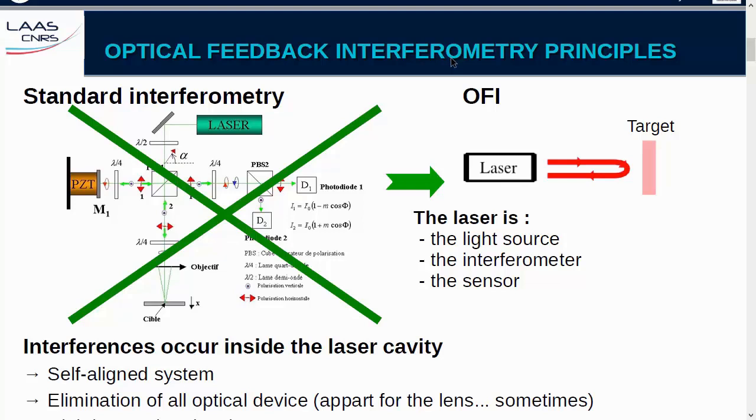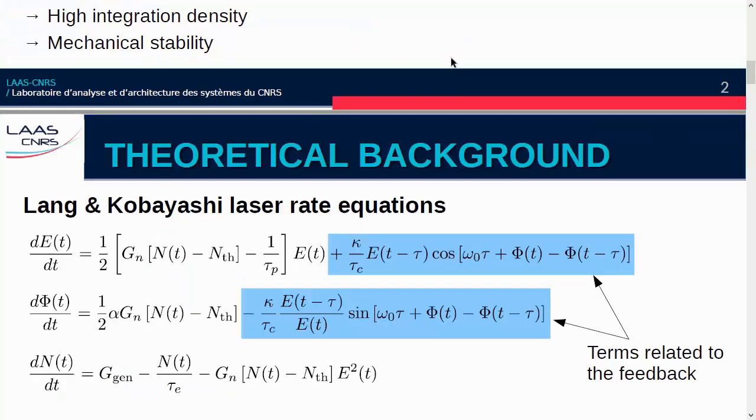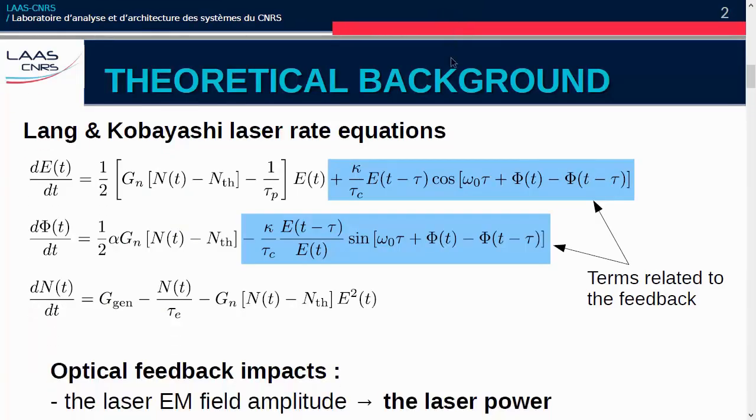The advantages, of course, are that this system is self-aligned, and it eliminates pretty much all optical devices, apart from the lens. But it has sometimes been proven that it can work even without a lens, considering that the distance of operation is short.